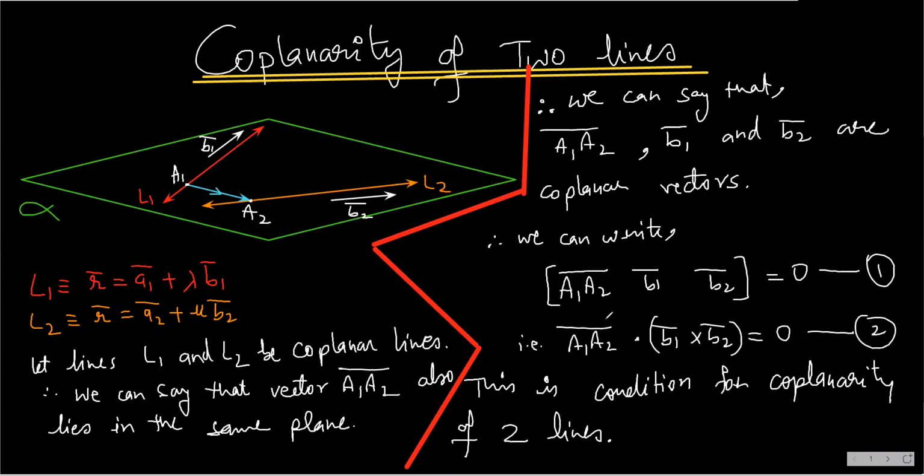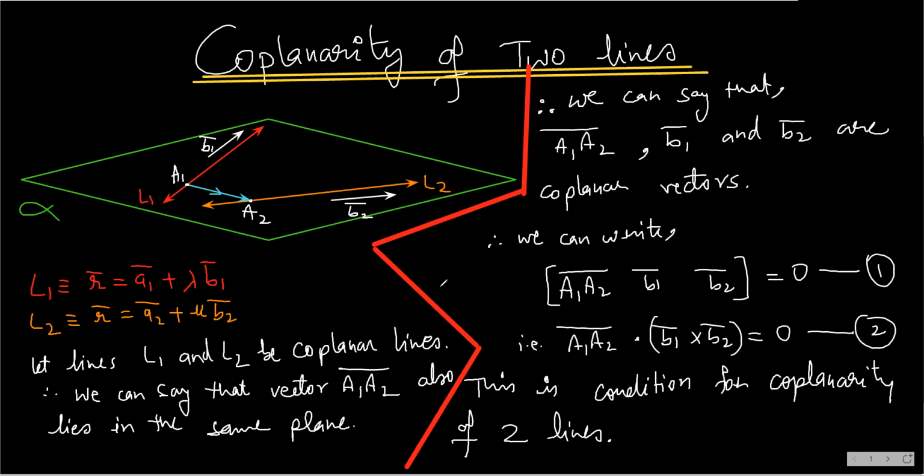What will I do? For these two lines, I'll find the box product. If I'm getting the box product 0, then I will say that these two lines are coplanar. As you know, students, A1 A2 bar is nothing but A2 bar minus A1 bar.